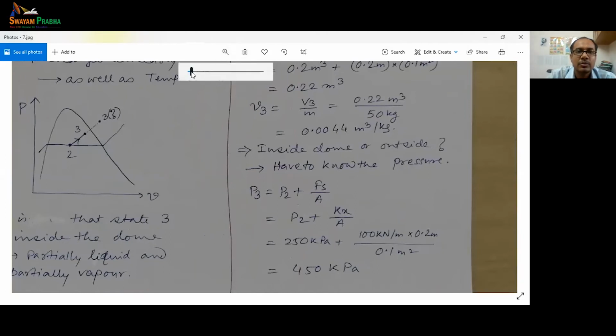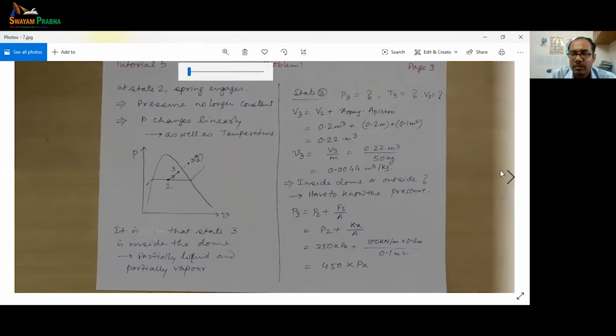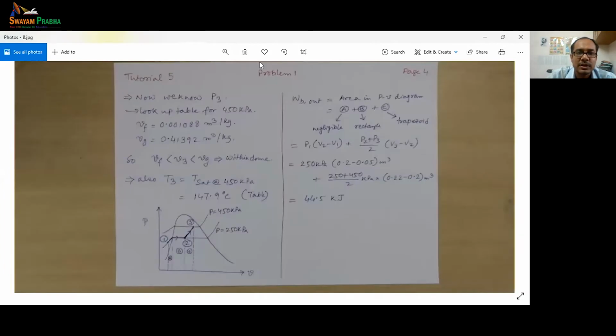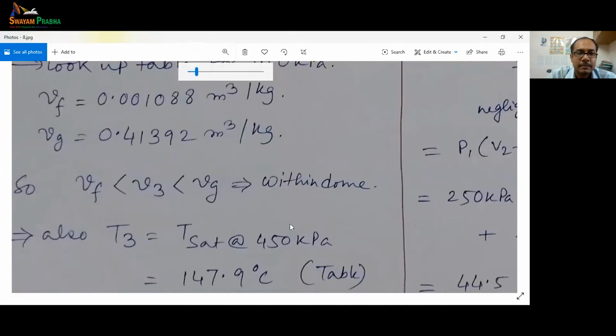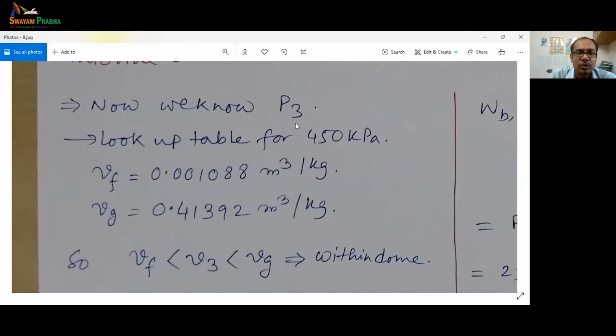Okay, so now we have to see whether it is in the two-phase region or not. Now we know P3. So if we look up the pressure table for saturated water for 450 kPa, the specific volume for the liquid is 0.001088 meter cube per kg, and for gas or vapor it is 0.41392.